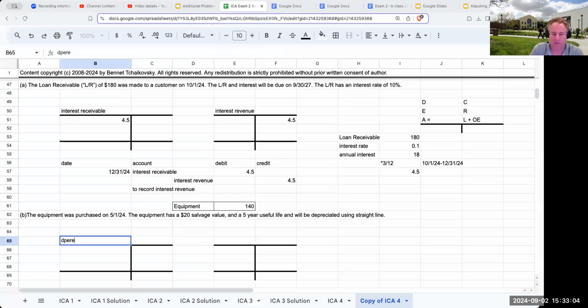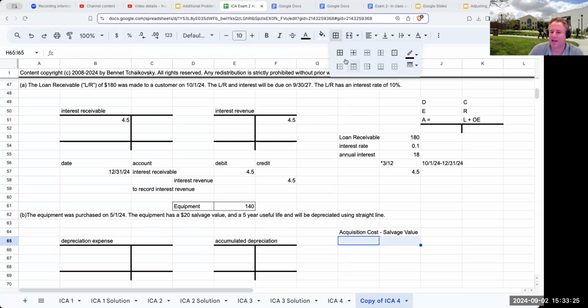So I'm going to debit depreciation expense. I'm going to credit accumulated depreciation. Now, my formula for straight line is my acquisition cost minus my salvage value, divided by the estimated useful life.